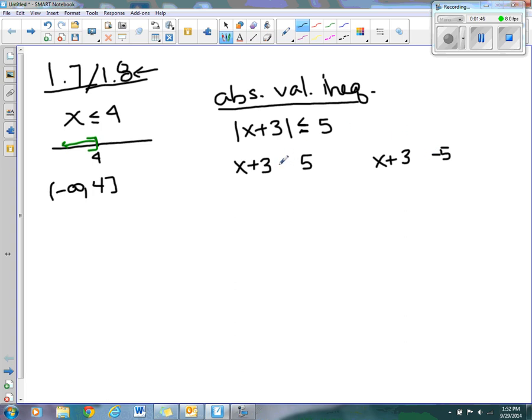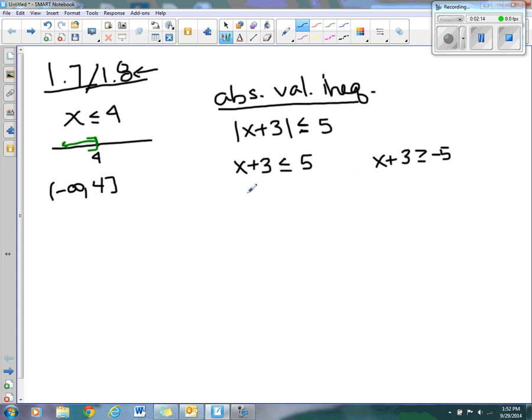In one of the statements, we're just going to keep the symbol just as it is in the given problem, and we're not going to change it at all. So x plus 3 is less than or equal to 5 is one possibility. For the other one, we're going to flip the sign and flip the sign, meaning the less than turns into a greater than, and the positive 5 turns into negative 5.